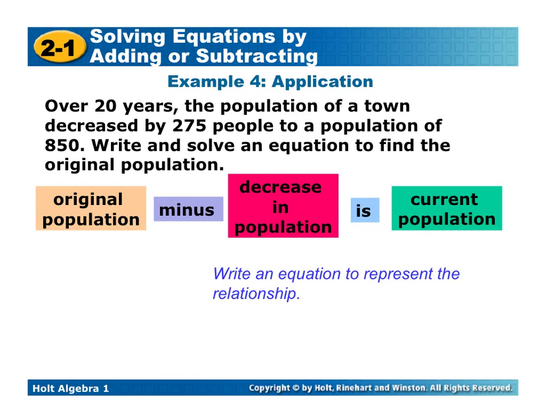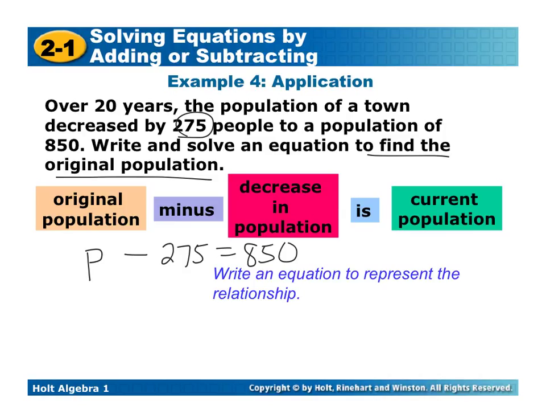Now let's look at a real-life example. Over 20 years, the population of a town decreased by 275 people to a population of 850. We want to write and solve an equation to find the original population. So since we're finding the original population, that is going to be our variable. So our original population is going to be P minus the decrease in population. So in this case, decrease by 275 is, always means equal, the current population, which is 850.